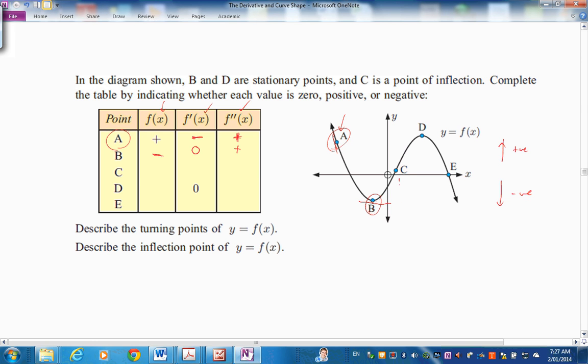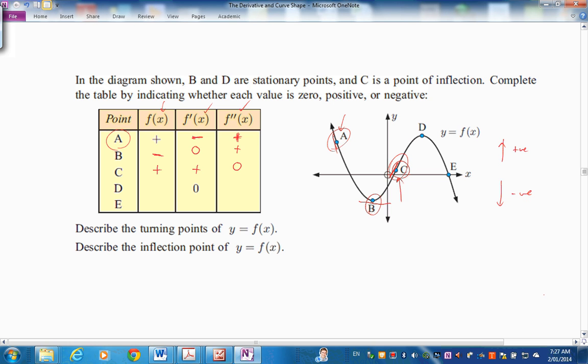Go to part C. C is above the x-axis, function is positive. The f dash x, slope of the tangent, is going to be positive. F double dash x, it looks like it's a point of inflection. Can't actually say that, but somewhere in here is a point of inflection, so we're going to say that's probably there.